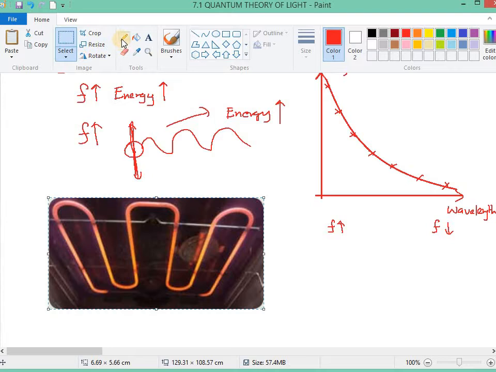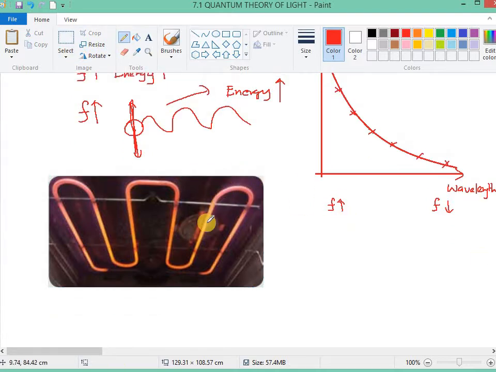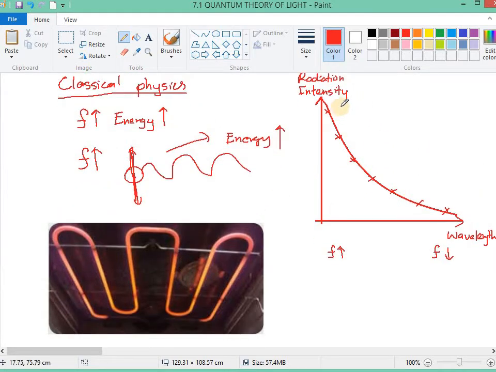The reason this heating element glows red in color is because the radiation intensity at the frequency of red light is very high.